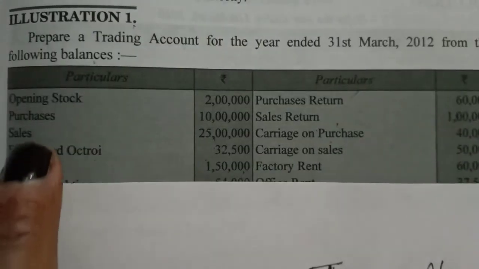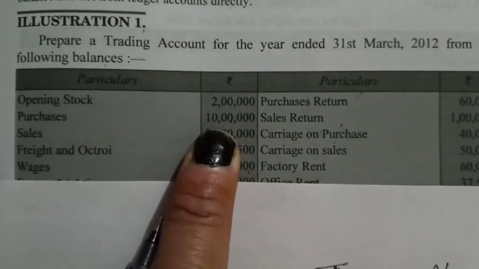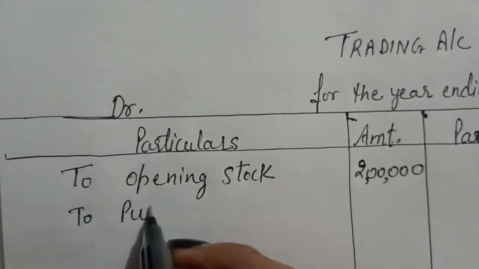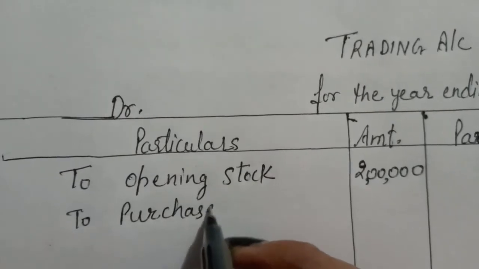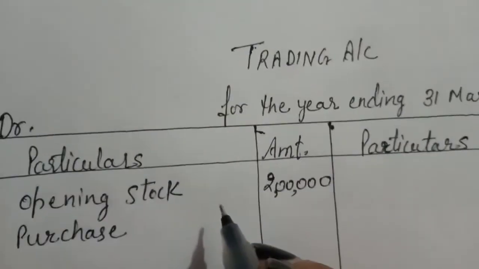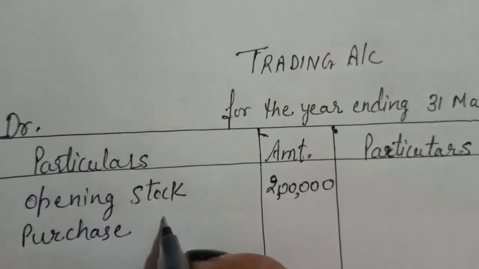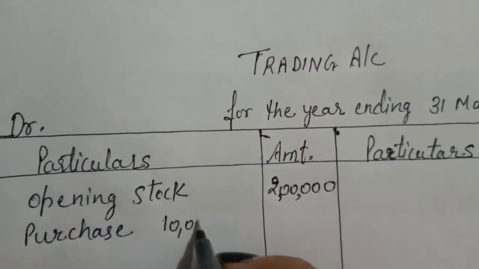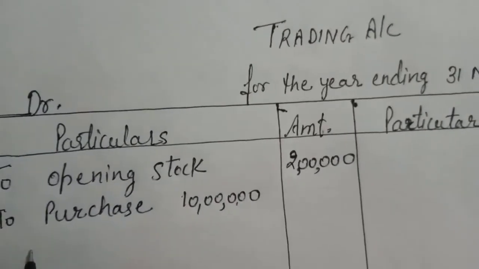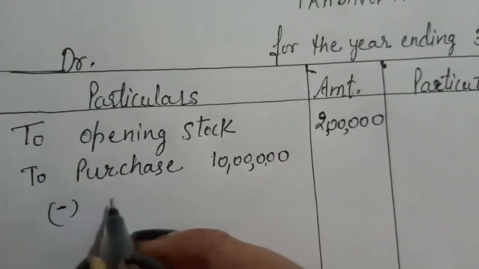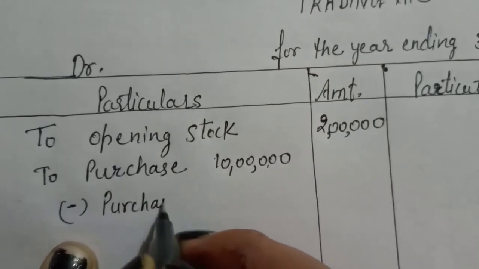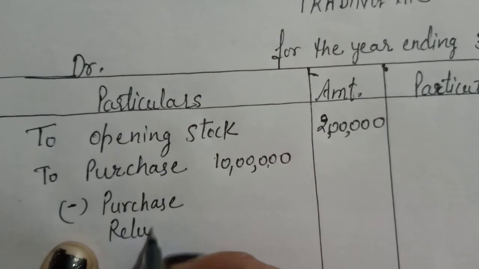Next item is purchase of 10 lakh. So you will write here "To purchase", that is 10 lakh. One thing you have to keep in your mind: why will you write it here? Because you have to deduct purchase return from purchase. So you yourself write here purchase return.